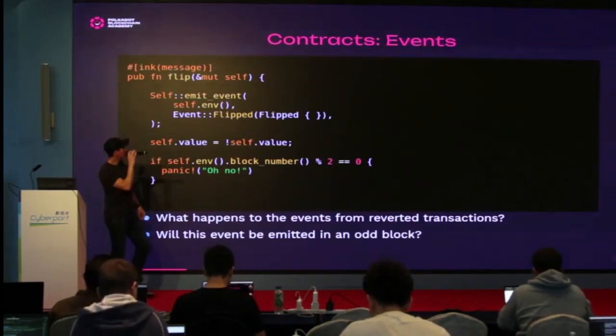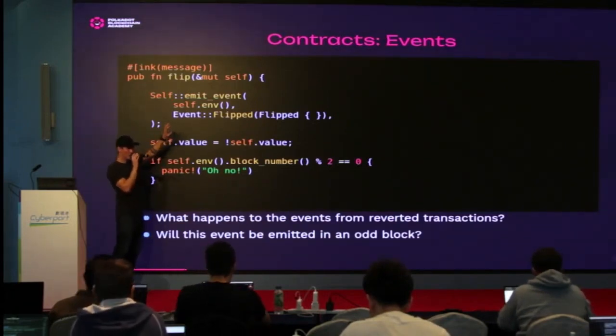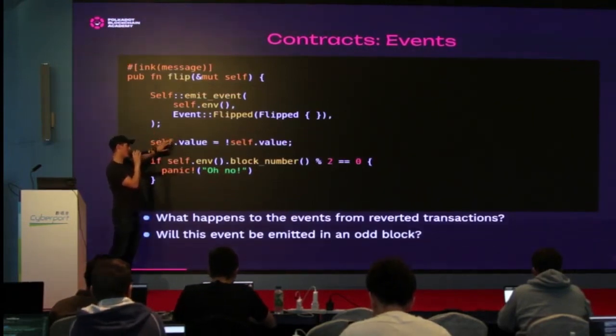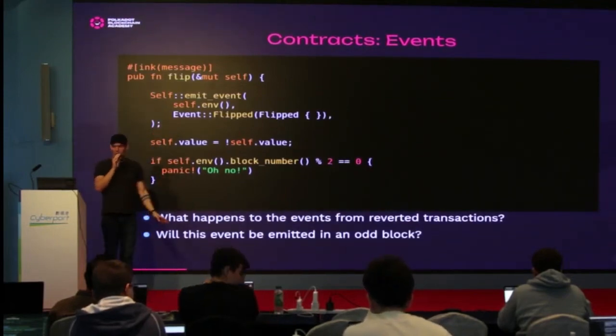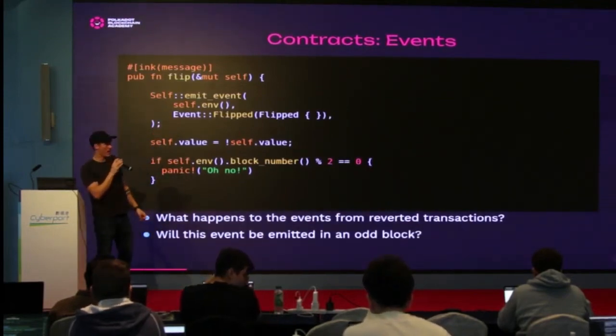But in a simple case, if you have a single contract that handles its own state, as a rule of thumb, it does not matter whether you mutate before the event or after. The concept is similar to a database transaction wrapper.